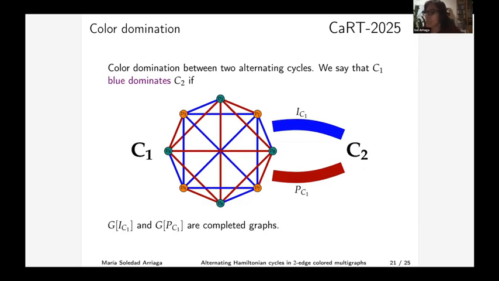And the induced subgraphs by IC1 and by PC1 are complete graphs.